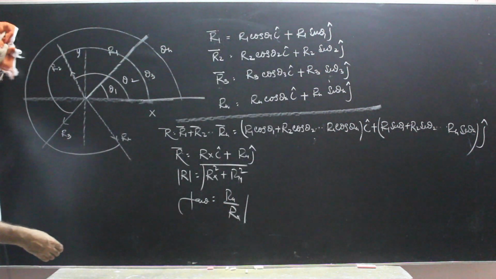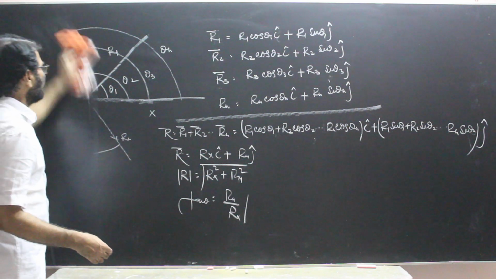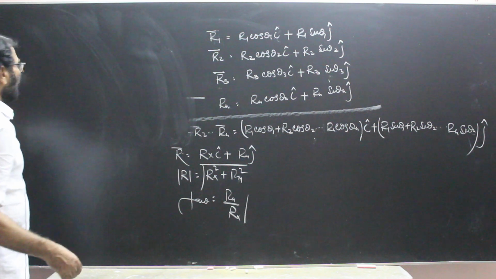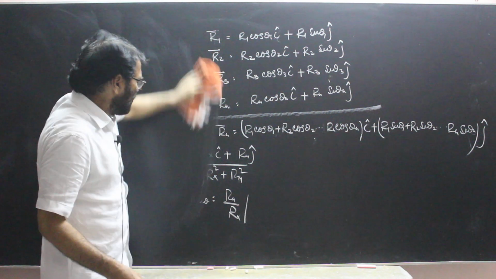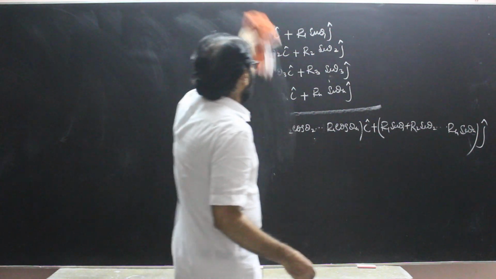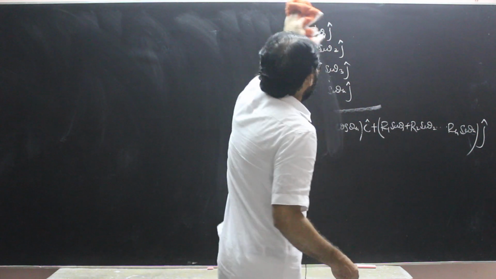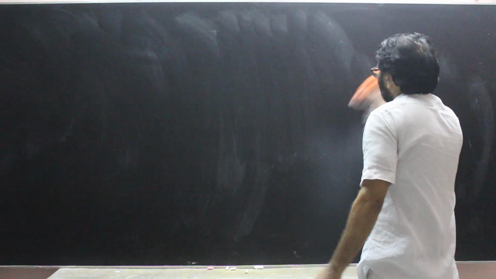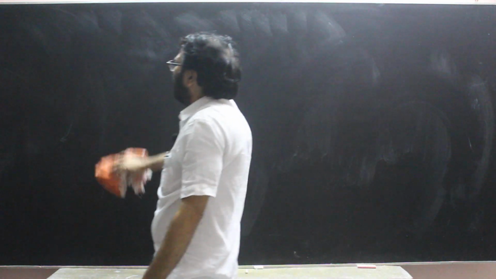For example, if it is given that there are 6 vectors, each of magnitude 10 unit, making an angle of 0 degree, 60 degree, 120 degree, 180 degree, 240 and 300.